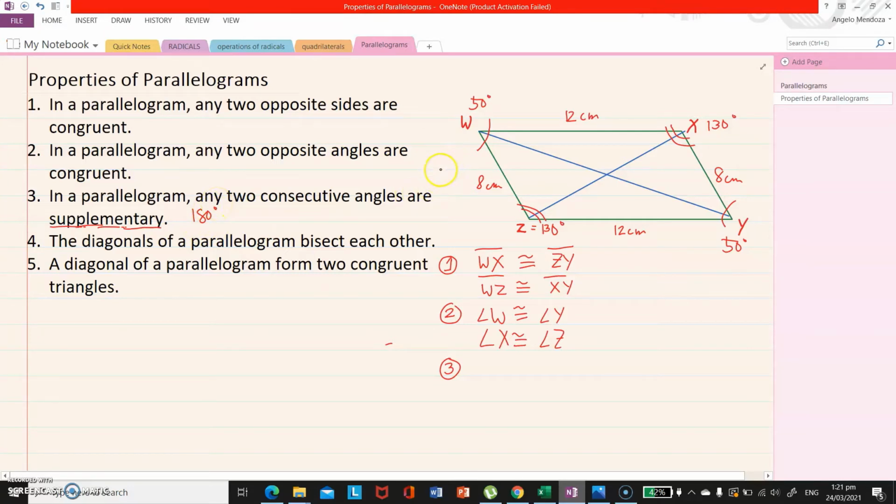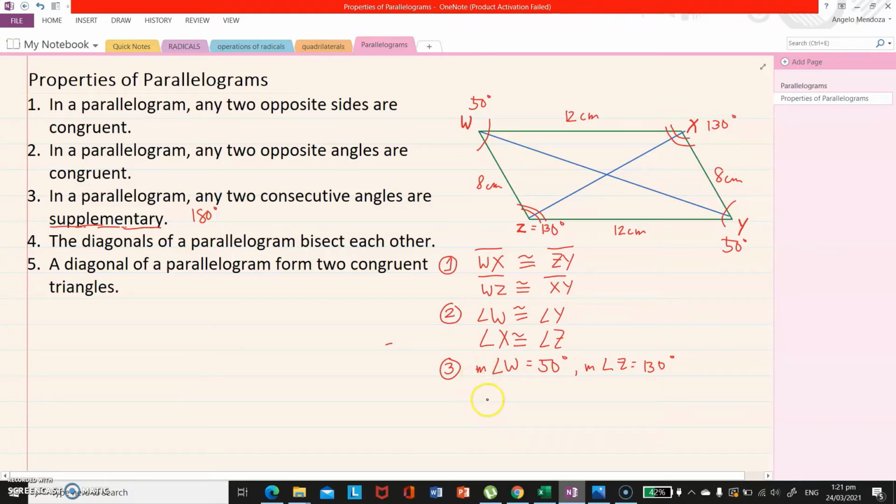So, alam na natin yung consecutive angles, diba? Nakuha na natin yun dun sa ating previous lesson. So, kuha tayo ng any two consecutive angles. Let's say angle W. The measure of angle W is 50 degrees, while the measure of angle Z, because W and Z are consecutive, is 130 degrees.